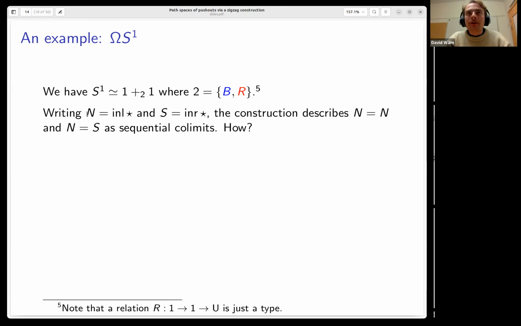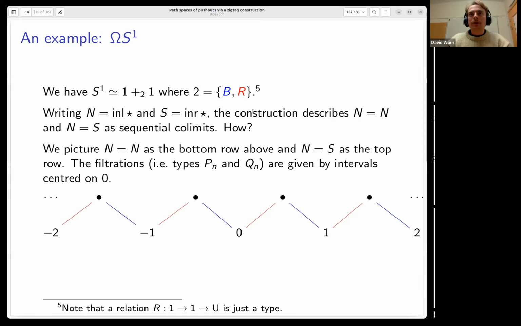So in the circle, we have this north pole and the south pole, and then we have two generating paths, a red one and a blue one. And the zigzag construction describes two types: the loop space north equals north, and also the path space north equals south. Each of these is described simultaneously by these sequential colimits of some sequence. So what are these sequences?